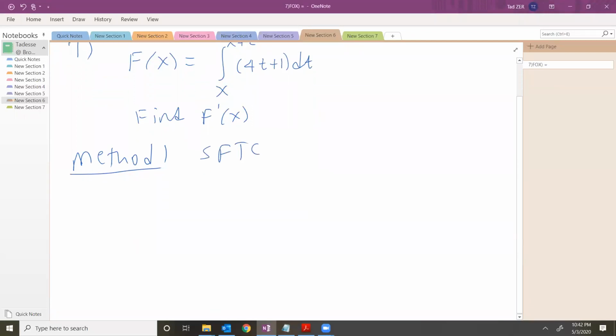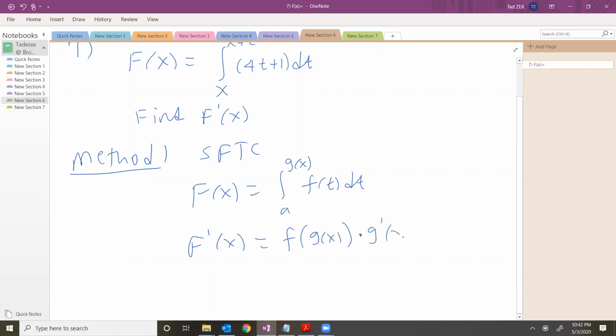The second fundamental theorem of calculus says, if you have a function, let's say F of x, equal to the integral from a to any function g of x, it can be g of x, can be x, anything, of f of t dt, then the derivative of this function becomes f evaluated at g of x times the derivative of g.